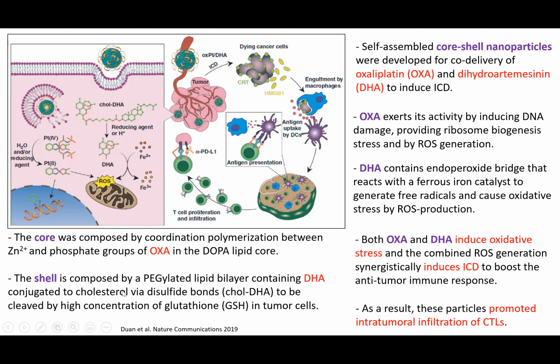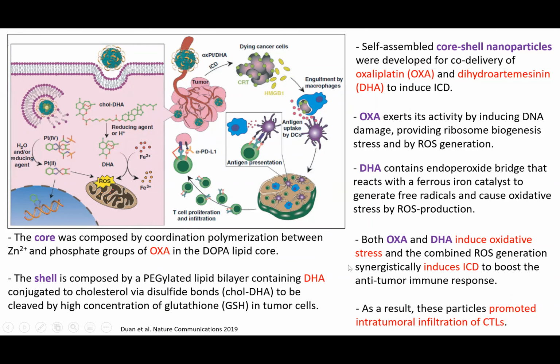While the shell is composed of a pegylated phospholipid bilayer containing a conjugate of dihydroartemisinin with cholesterol. They are coupled with a chemical bond like a disulfide bond. This disulfide bond is specifically cleaved by the high concentration of glutathione in the tumor cells. This will ensure site-specific release of the drug into the tumor, not into the circulation.